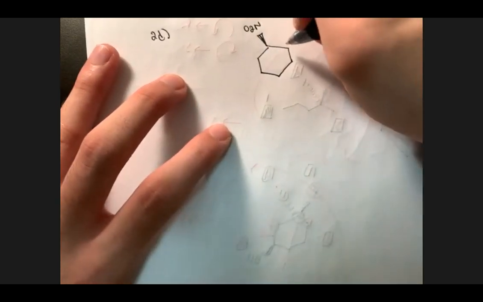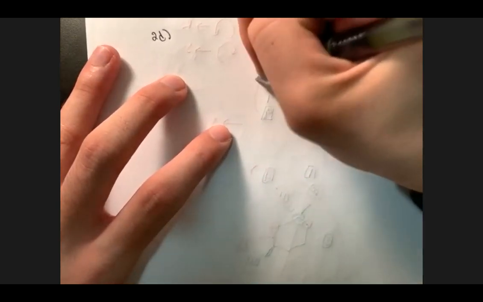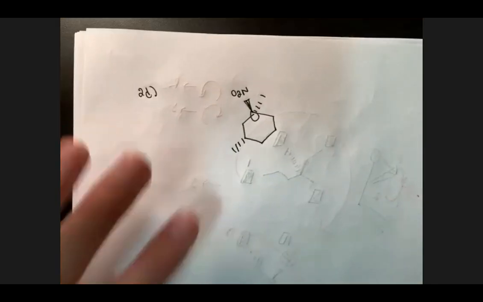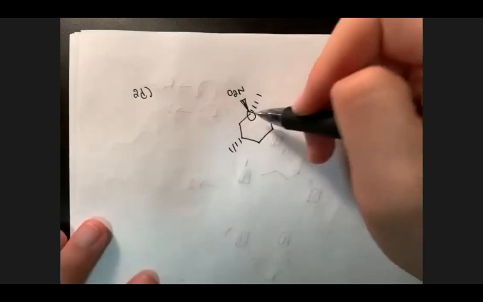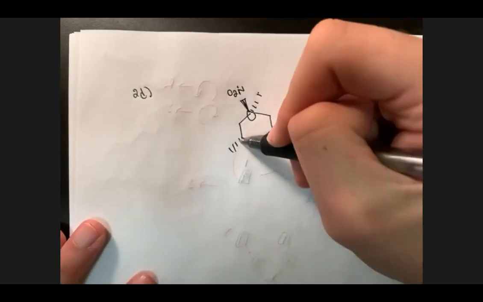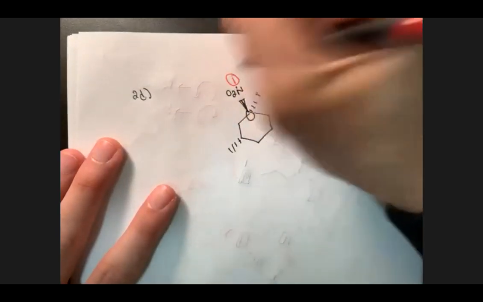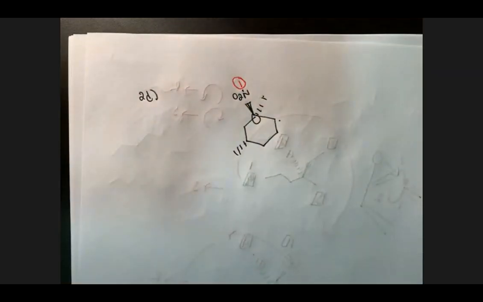We're talking about that chiral center. So quickly, let's number our substituents, okay? First thing I see is nitrogen, carbon, carbon, carbon. That doesn't tell me much besides knowing that this is number 1.